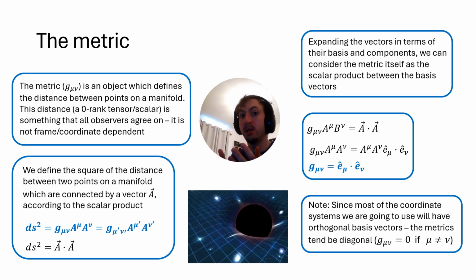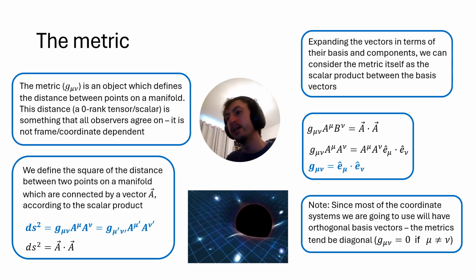Therefore the Euclidean metric, the metric that describes flat space in Cartesian coordinates, is just an identity matrix. If we're dealing with space-time, it's a little more complex because there's a negative sign in front of the time component within our metric. But for just space, we'll just have the identity matrix as the representation of our metric for flat space.